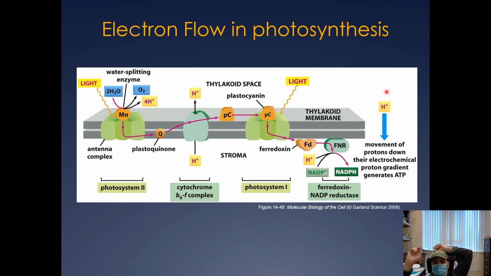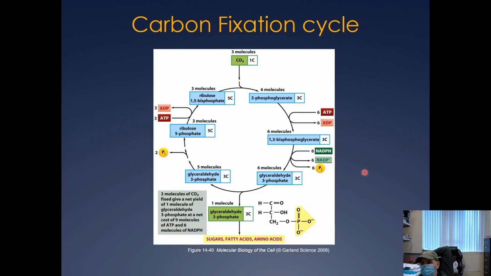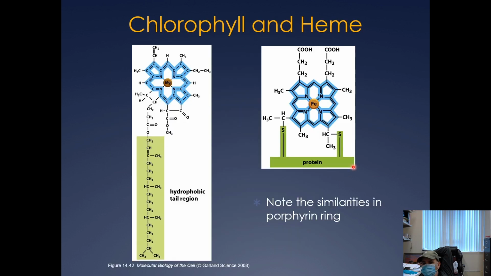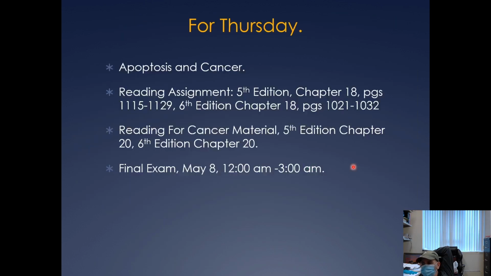The proton gradient that's established in this pumping can also be used to drive ATP synthesis. And the reduced NADPH and ATP are then used in the carbon fixation cycle here, where you see the ATP and the reduced NADPH. So that's basically it.